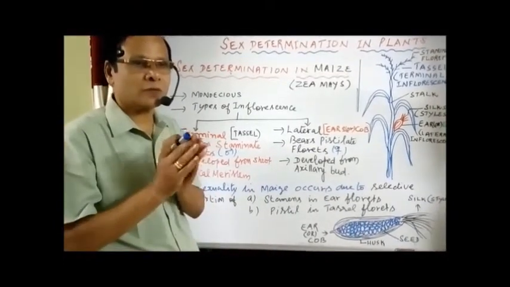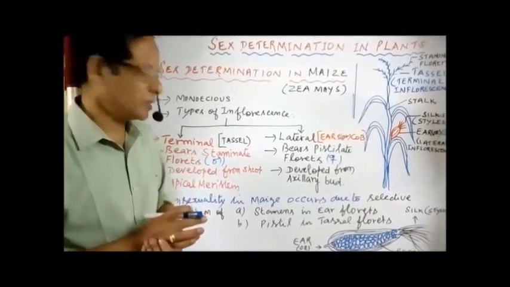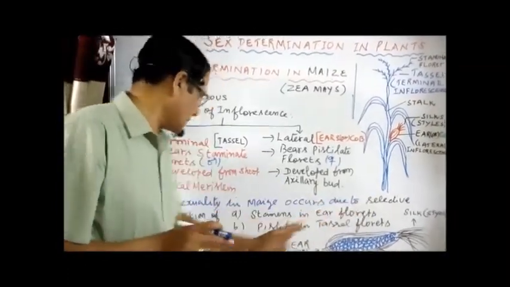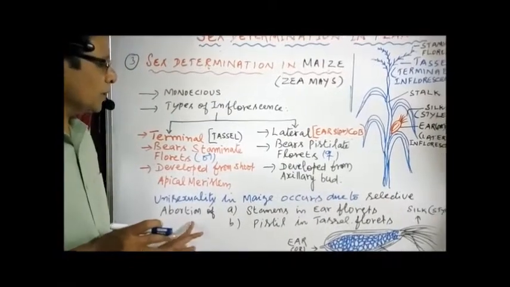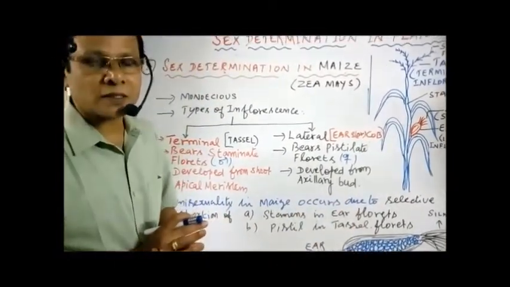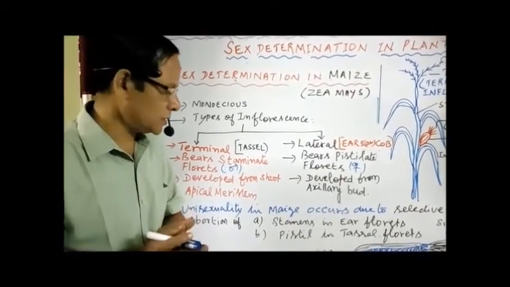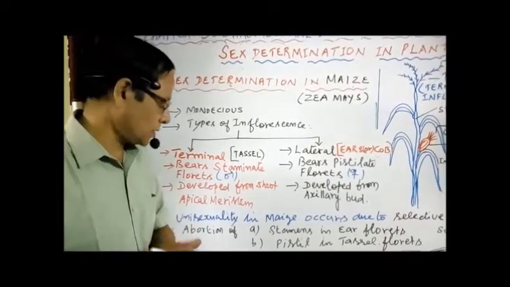Abortion means destruction, as in the case of abortion of a child. Likewise, because of the selective abortion of the stamens in ear flowers, because the ear flowers contain only the female part, otherwise called the pistillate flowers.